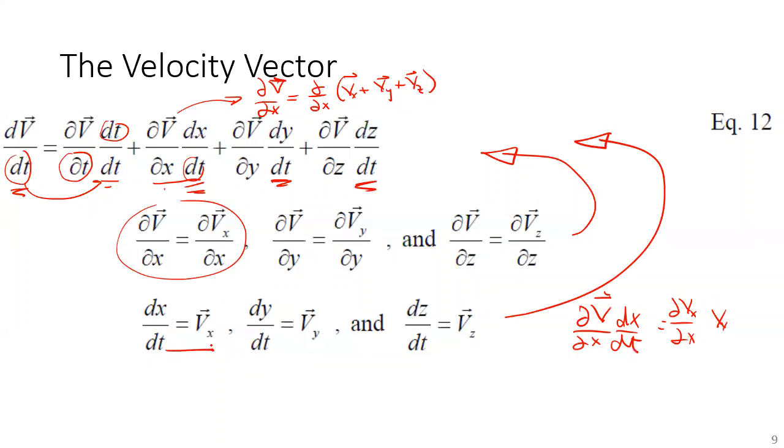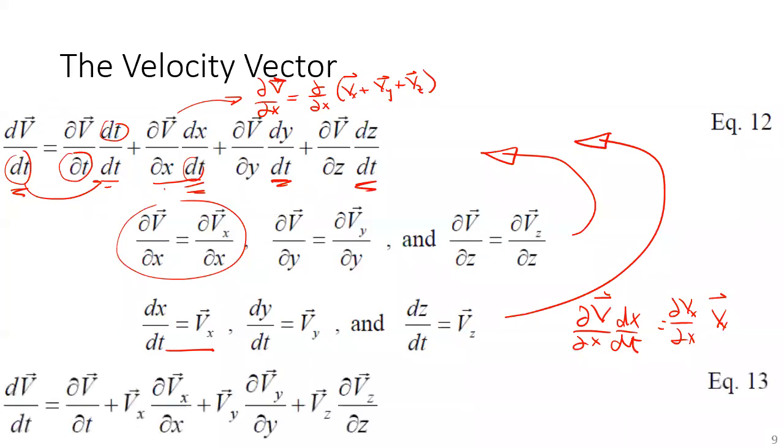That's this substitution. Or vx ∂vx/∂x. And that's how we're going to make all the substitutions, and that gives us equation 13 in your handout, where each of these terms is now only with their respective component in their respective direction.